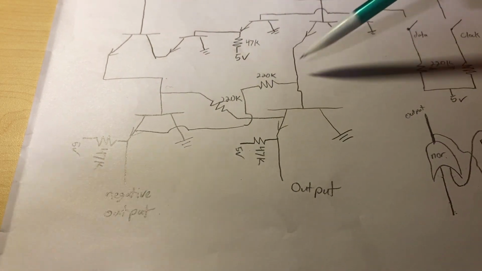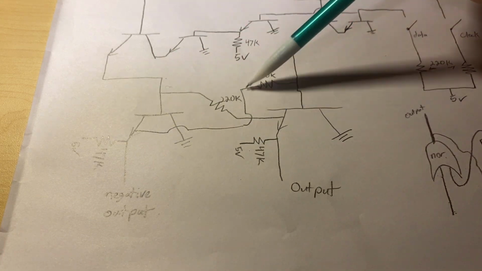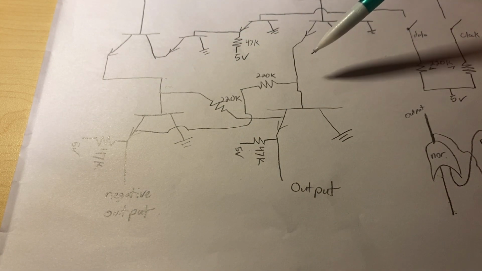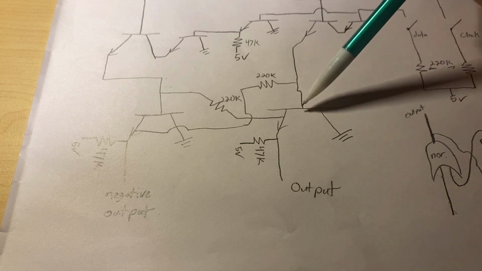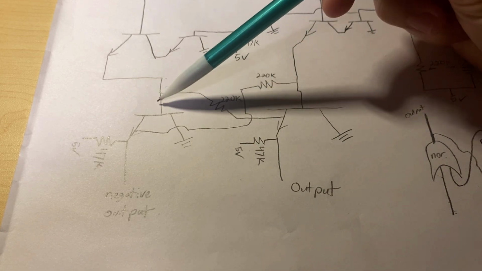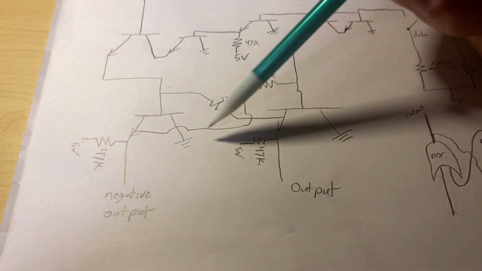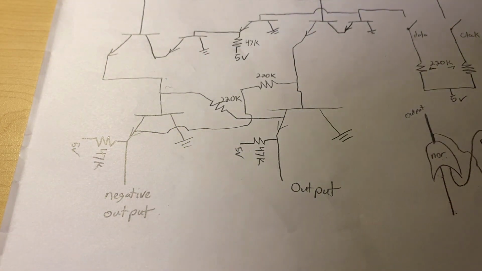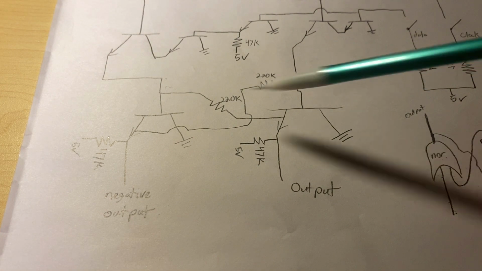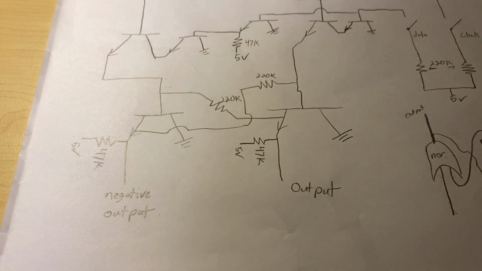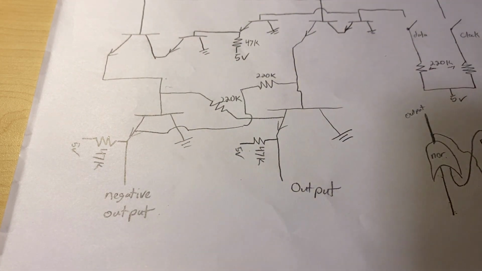When this side is closed, the current travels through here, and then it travels through here, so this gate's closed, and then this gate alters the path of least resistance for the electrons, and then this one opens up after. That's how it remembers it after, because once the gates open up, the path of least resistance becomes very obvious, I guess, for the electrons, so they just go through that after. So that's pretty much how these SR gates work.